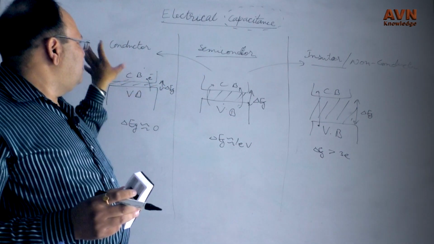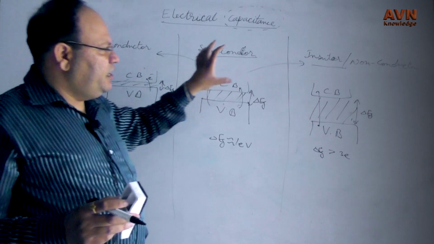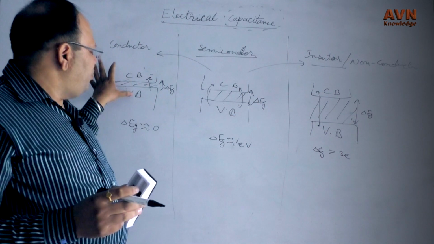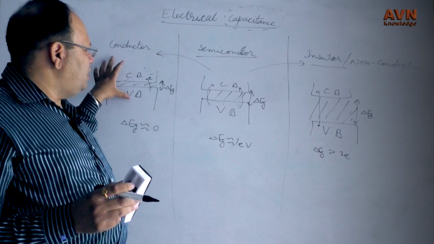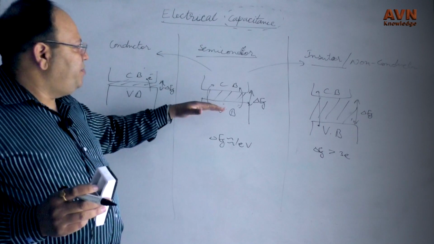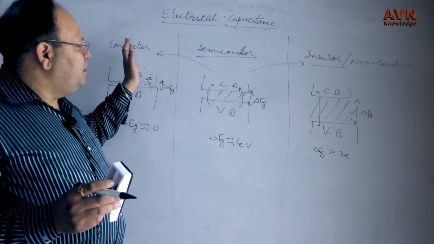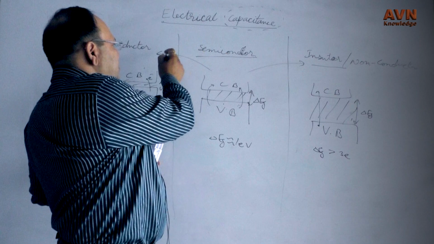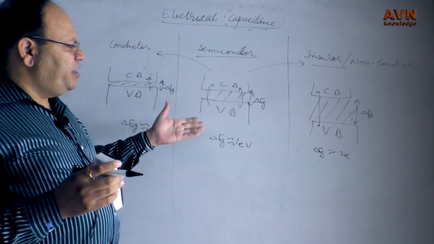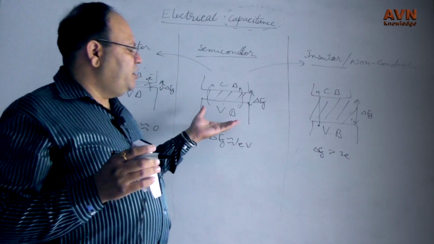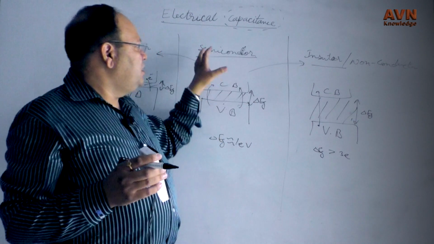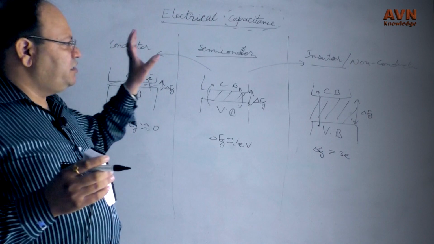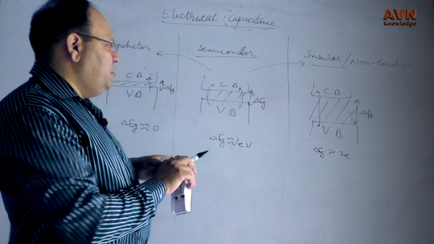So at room temperature a semiconductor behaves as an insulator, and when you increase the temperature, it behaves as a conductor. That is the basic concept of conductor, semiconductor and insulator.